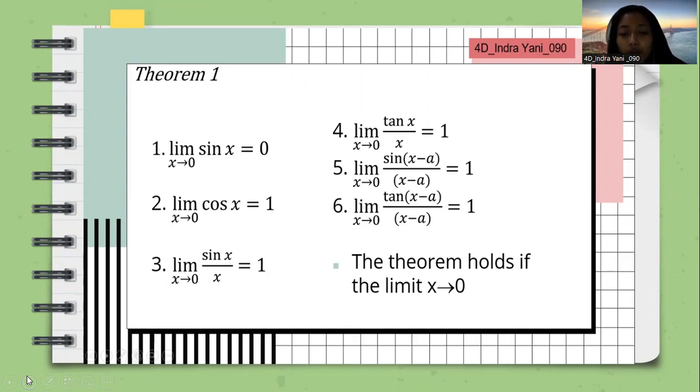In the fifth, we have the limit as x approaches 0 of sine(x minus a) divided by (x minus a) equals 1. And the sixth, the limit as x approaches 0 of tangent(x minus a) divided by (x minus a) equals 1. We should remember the theorem holds if x approaches 0.